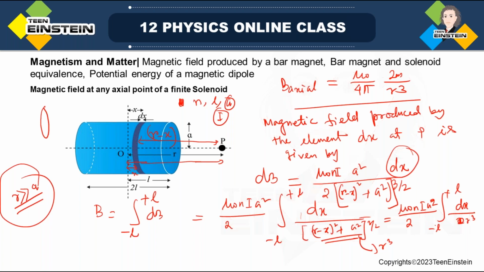That means there is nothing to integrate here; no term is there. Just dx will give you 2l length upon integration. So what we get here is mu 0 n I a square into 2l divided by r cube.